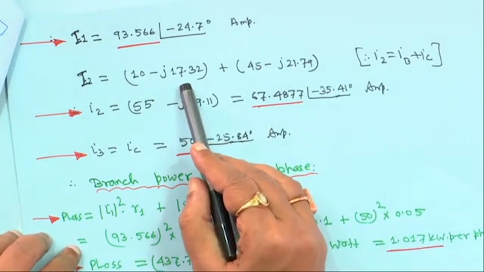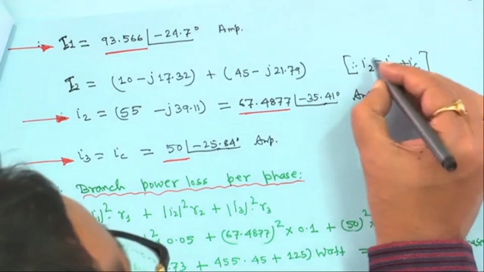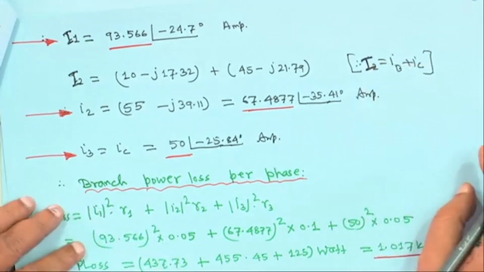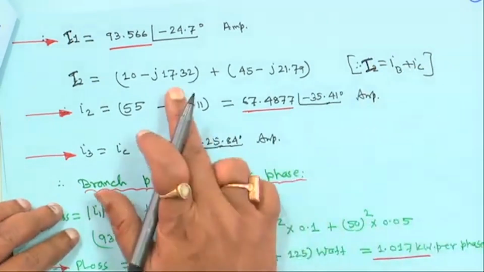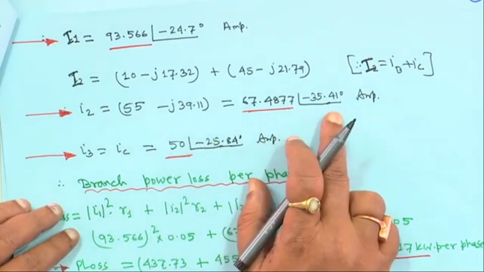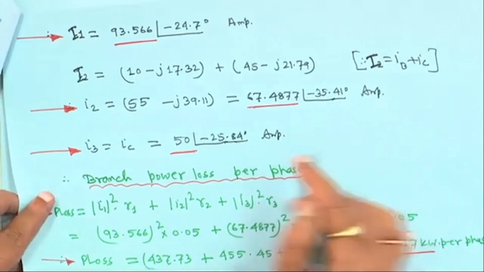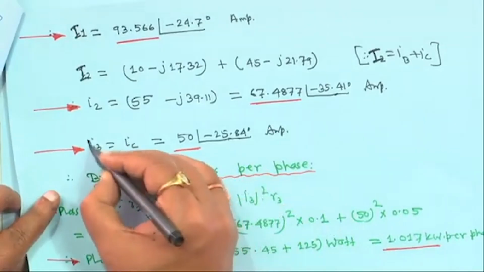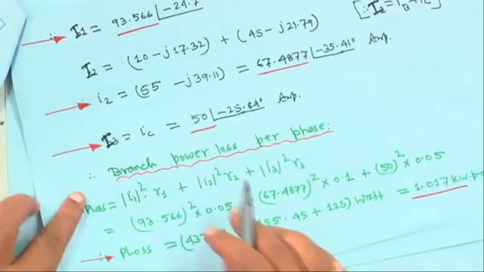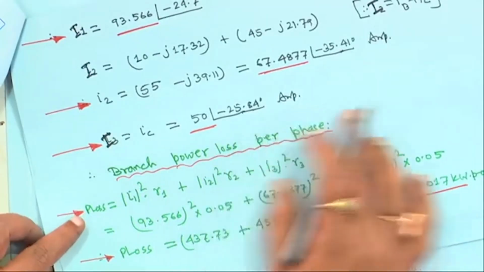I2 is equal to IB plus IC, make them capital so that there should not be any confusion. If you add them it will become 67.4877 angle minus 35.41 degree ampere, and I3 is equal to IC, so it is 50 angle minus 25.84 degree ampere.